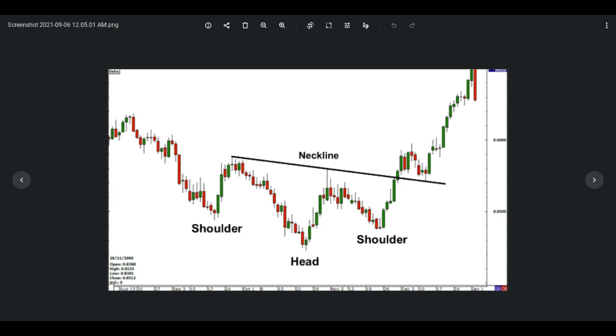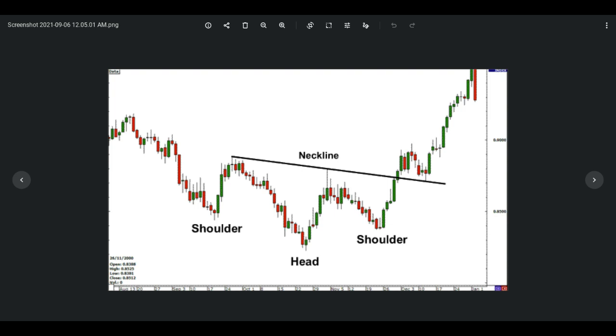There should be a degree of symmetry between the formation of the two shoulders and the head. Volume description: volume tends to be high leading into the down move of the first shoulder, diminishes as the price rises, completing the left shoulder, is balanced during the formation of the head, and expands as the price breaks above the neckline.